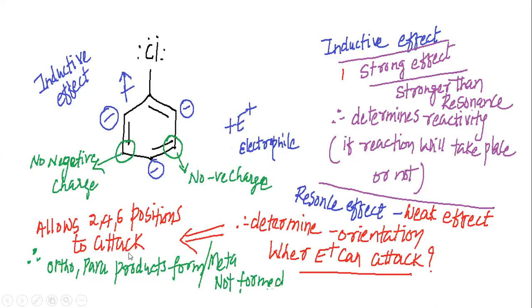And this is how, my dear students, when an electrophile attacks chlorobenzene or aryl halide, we get ortho and para product, but meta product is not obtained.